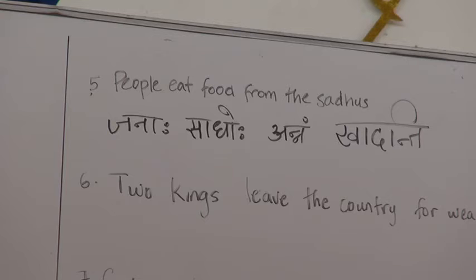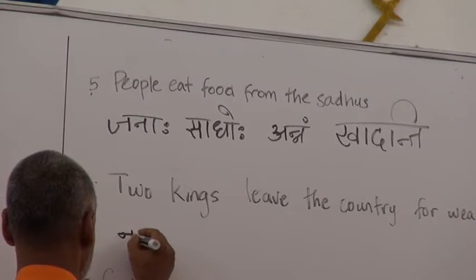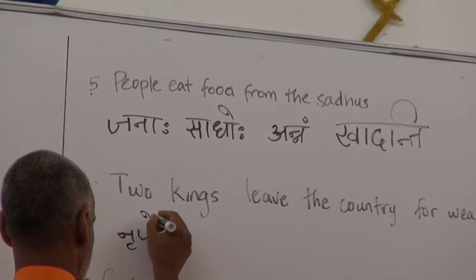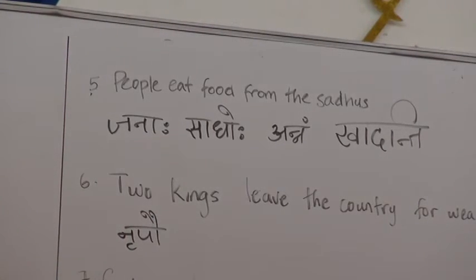Two kings leave the country for wealth. Dhan. So you want two kings. Nrepau. What do they do? They leave.